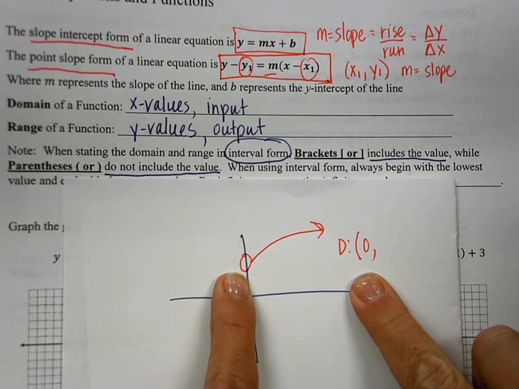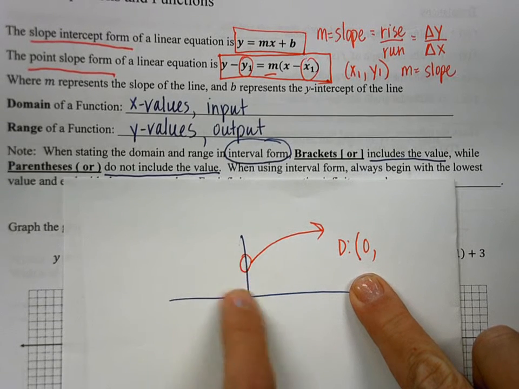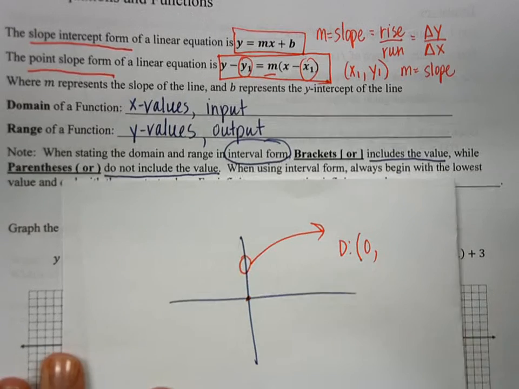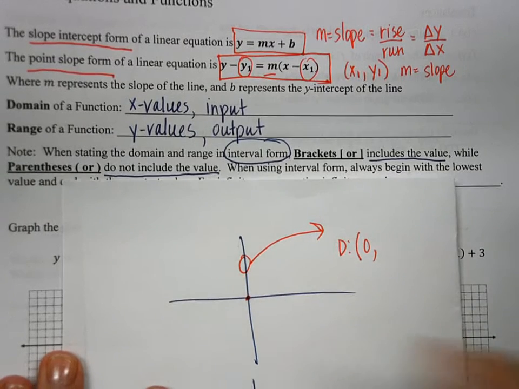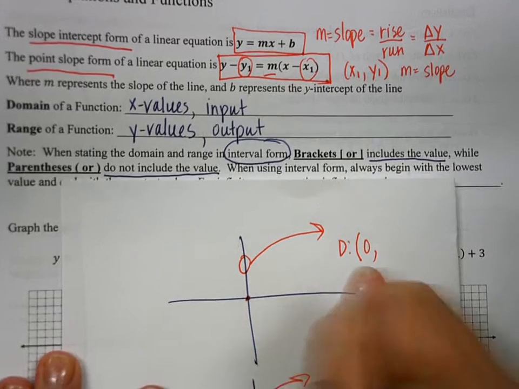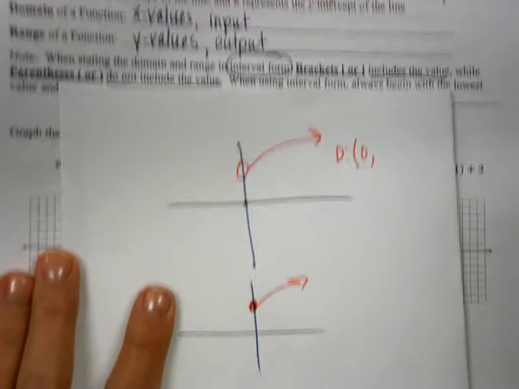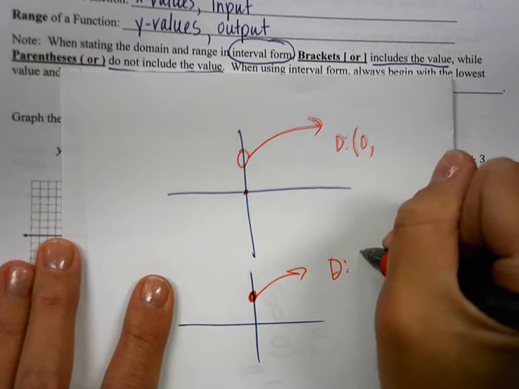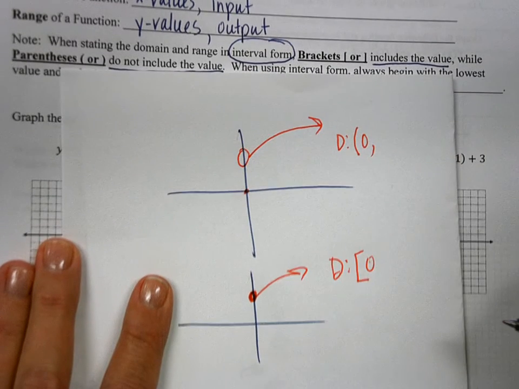The reason why it's a parenthesis is this is an open circle at this value, okay? And so it doesn't include it. Whereas if I had a graph, we'll say like this, and it was a closed circle going like this, oops, thank you, I would end up for my domain writing it as a bracket and 0.